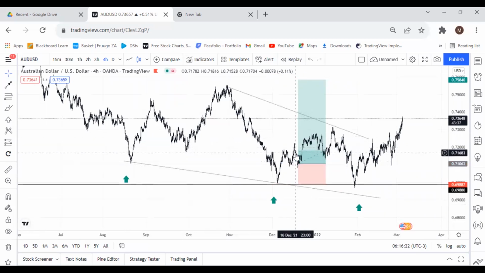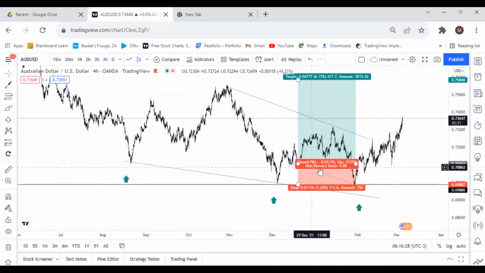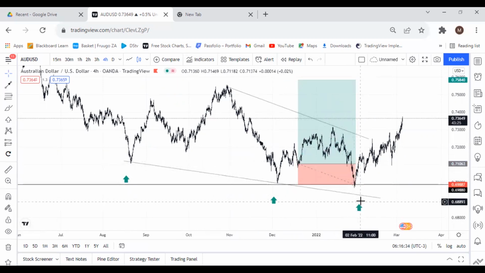You went into profit for a while, but then just look at what happened right after. You were in the red for this double bottom on the third touch of our structure, basically.